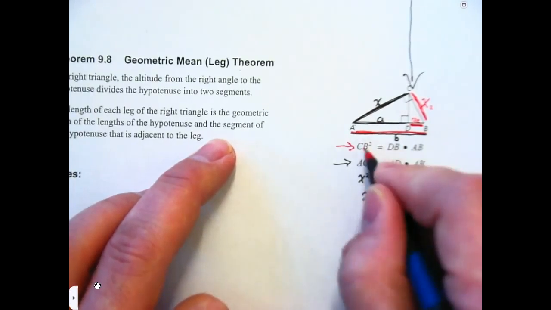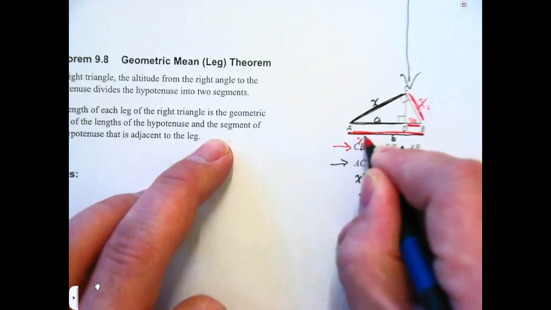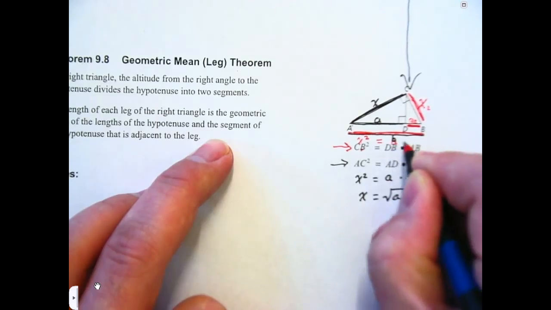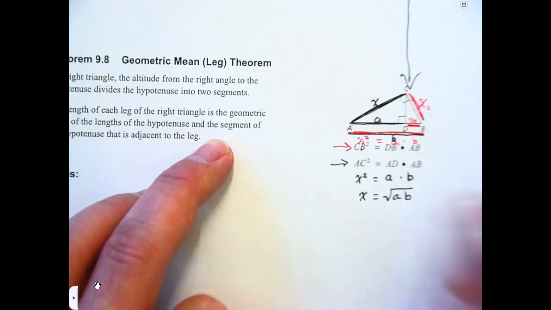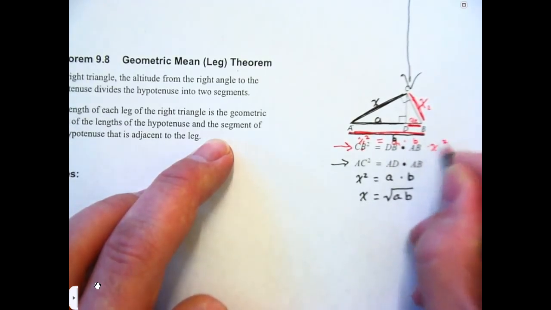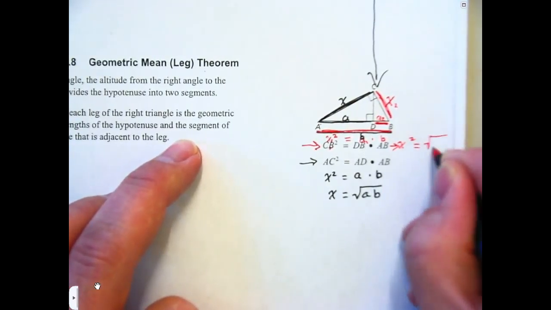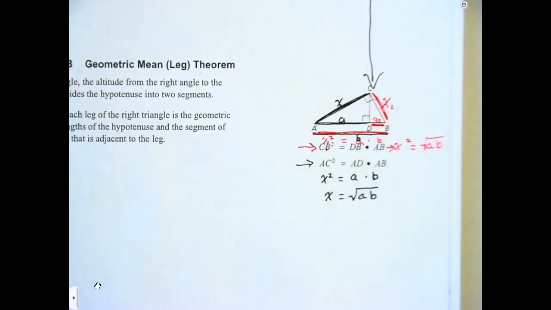That would say x squared is equal to A times B again, or A sub 1 and x sub 1. Once again, you get x equals the square root of AB. So it's the geometric mean.